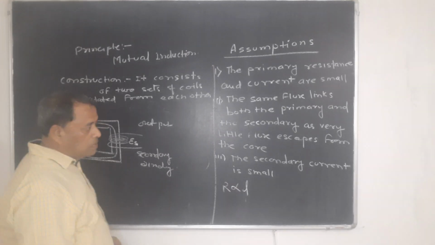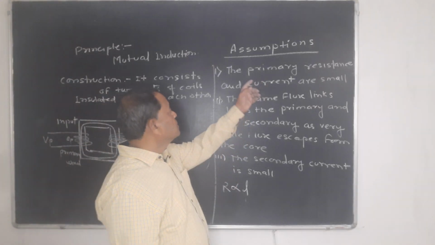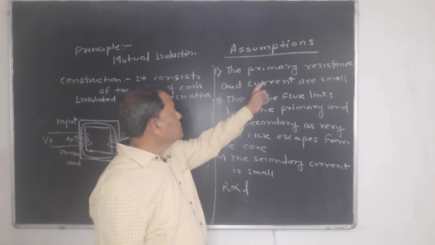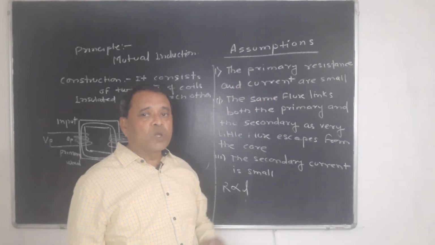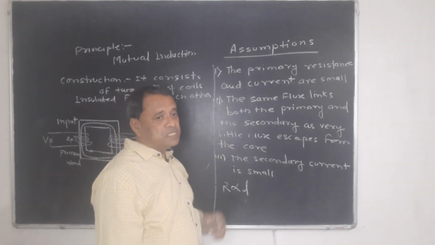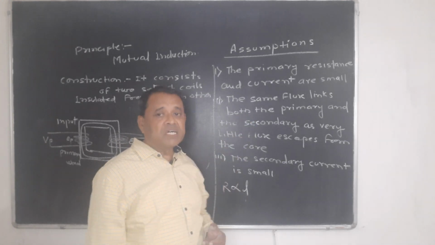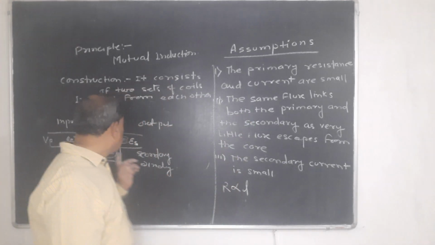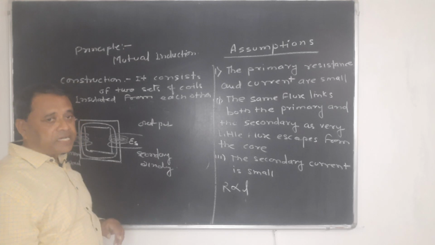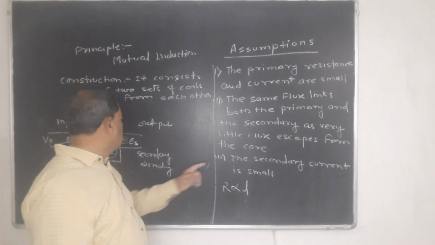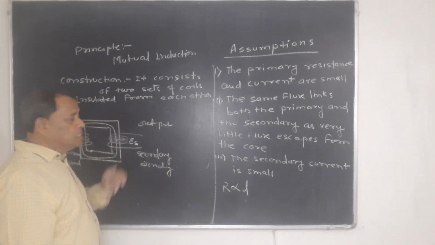For an ideal transformer, there are three assumptions. First, the primary resistance and the current are small. Second, the same flux links to primary and secondary. Third, the current in the secondary is small.